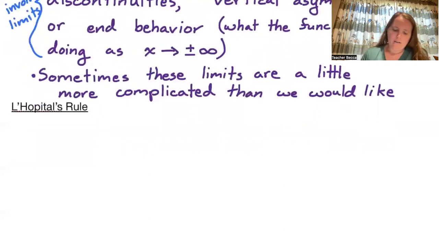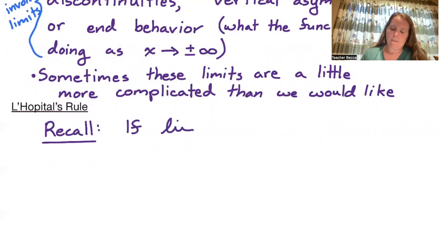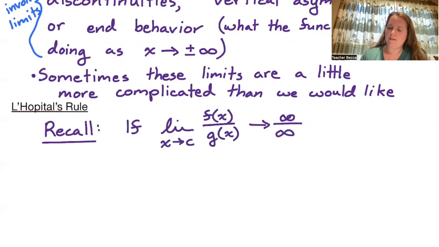So recall, if we have a limit as x goes to c or infinity of f of x over g of x, and this goes to infinity over infinity or 0 over 0, it is what is called indeterminate.